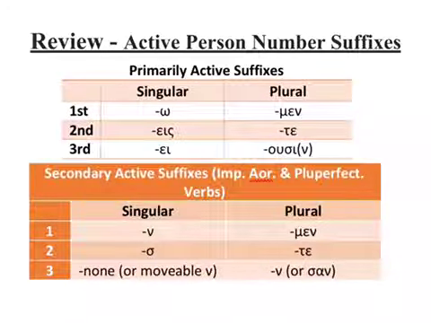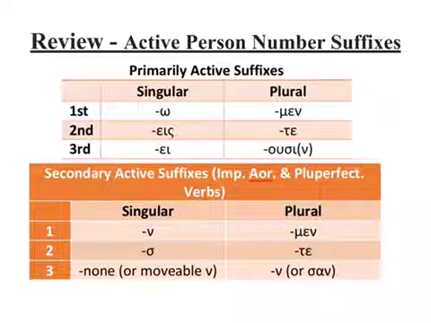So we're going to start off by looking at a review of everything that we learned, sort of. When we learn the verbs, we learn that there's 2 tenses. There's primary and secondary. And if we could just know those, you have half of your problem of understanding the verbs covered, really. So the primary is o, eis, ei, omen, ete, ousi, and secondary is n, s, n, men, te, n, or san.